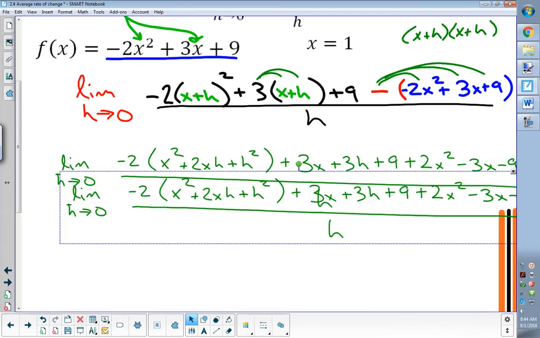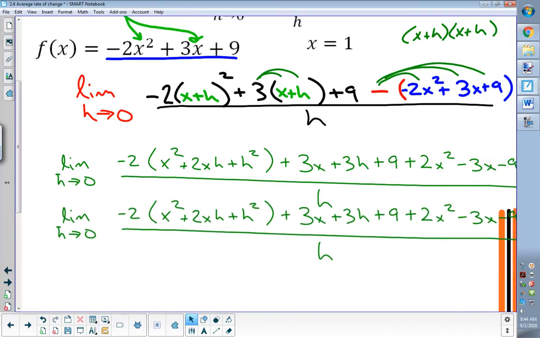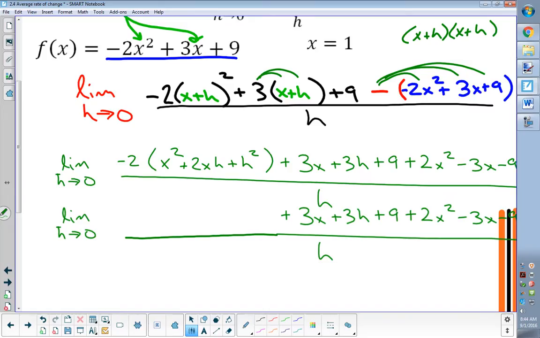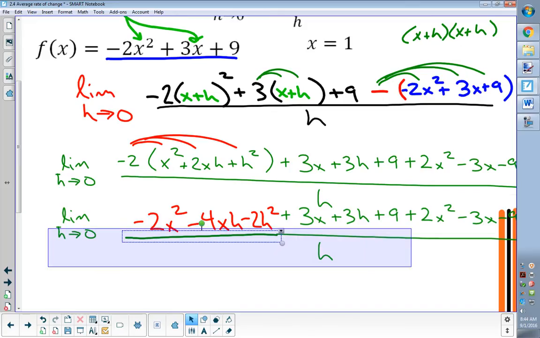All right, sorry, being super lazy. We're taking this thing and we're going to distribute the negative 2 in here. So I'm going to take this negative 2 and distribute that in. I just didn't want to write it again, so it's negative 2x squared minus 4xh minus 2h squared. There's my new problem here.